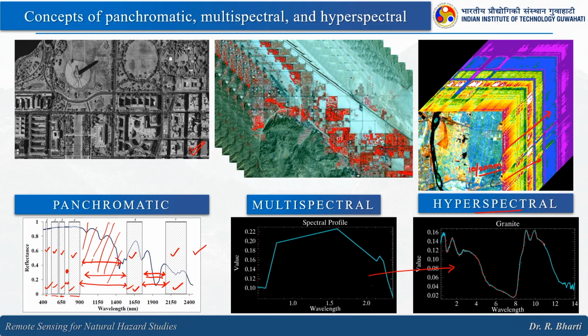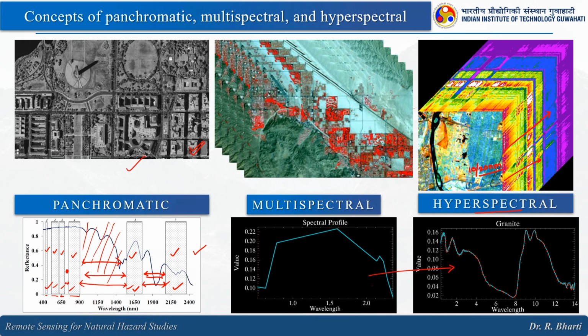So, with hyperspectral remote sensing, you can identify what kind of minerals, what kind of rocks are present in the pixel area, or what kind of vegetation species, what are the different types of water, whether it is mixed with suspended sediment. Such information can be easily identified with hyperspectral remote sensing.